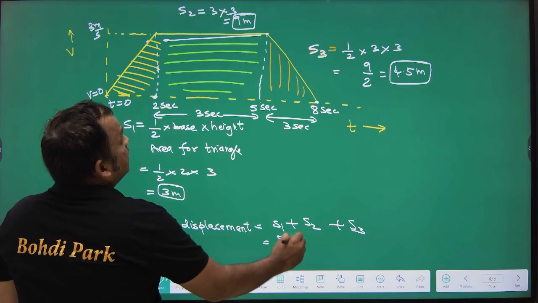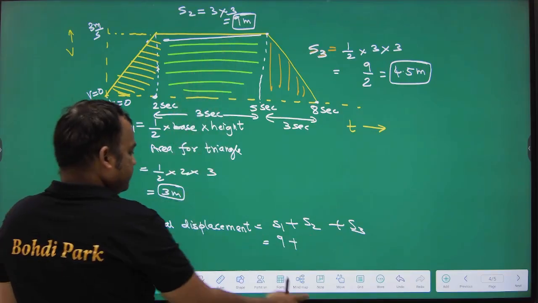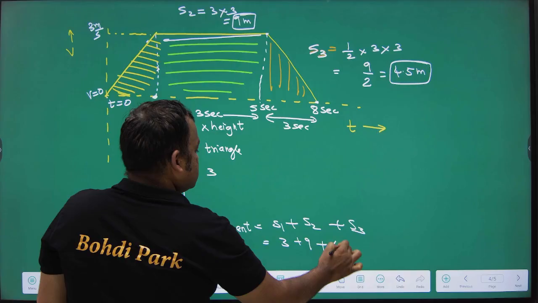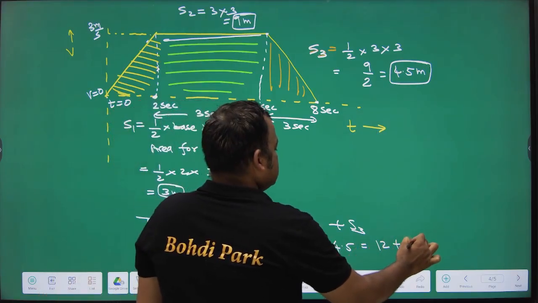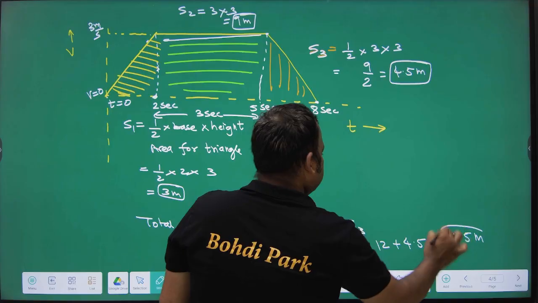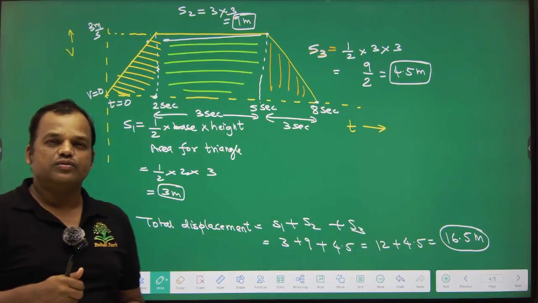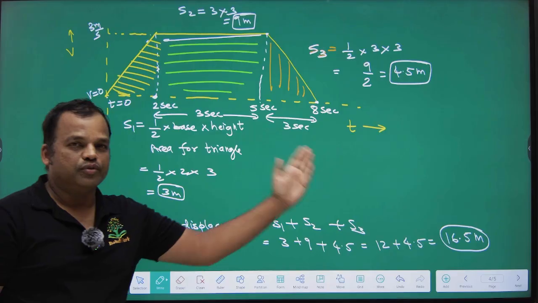So we have 3 plus 9 plus 4.5, that is equal to 12 plus 4.5, that is 16.5 meter. So that is the total displacement, and also this is total distance because all displacements are positive.